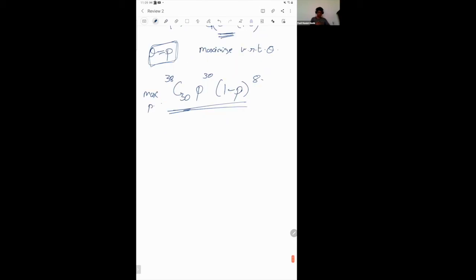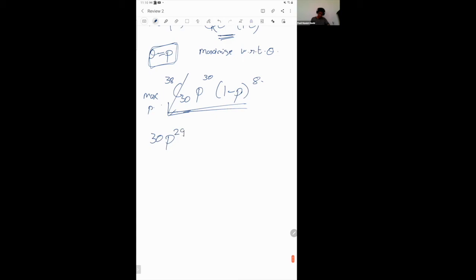This is a constant, so we can just ignore it, and we differentiate with respect to p. Using the product rule, what we would end up getting is 30 p to the 29 times 1 minus p raised to 8 plus p raised to 30.